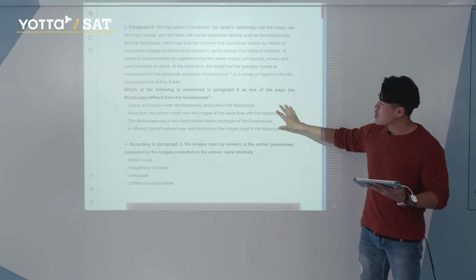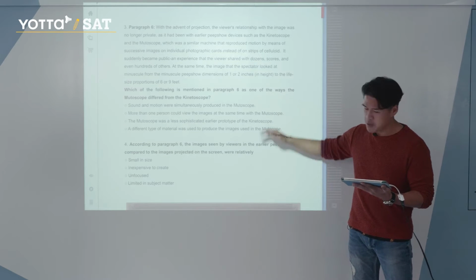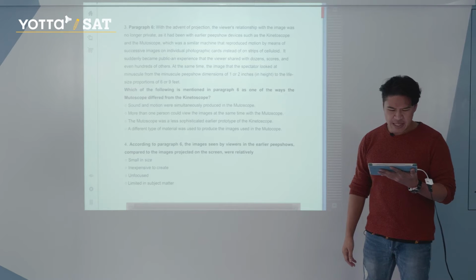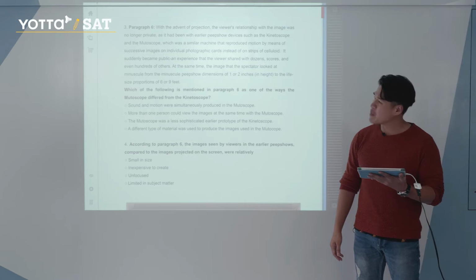All right, so today we're going to see a couple of questions that have to do with vital information. Question number 3 and question number 4 go together. Let's take a look at question number 3. Which of the following is mentioned in paragraph 6 as one of the ways the mutoscope differs from the kinetoscope?